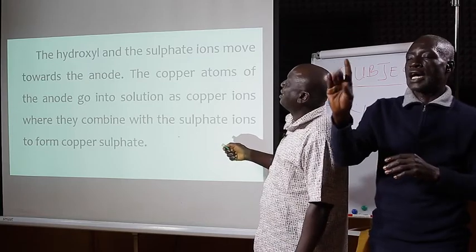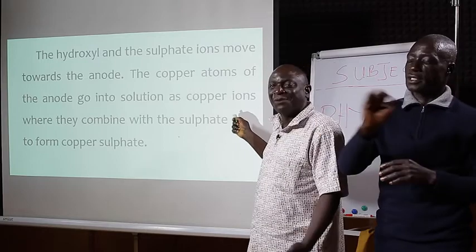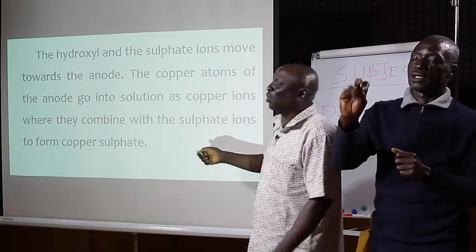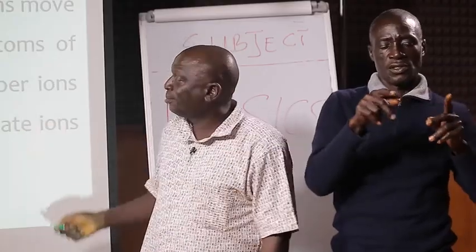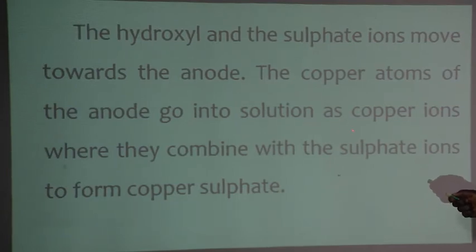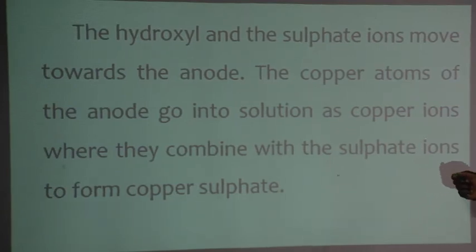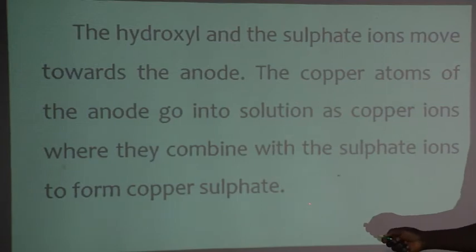The hydroxyl and the sulfate ions, which are negative ions, move towards the anode. That means they move towards the positive pole. The copper atoms of the anode go into solution as copper ions, where they combine with the sulfate ions to form copper sulfate.